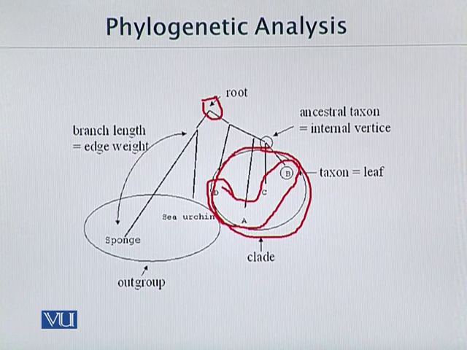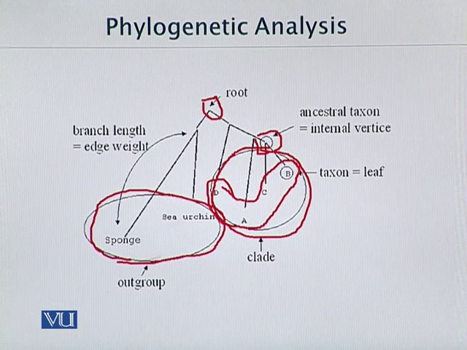And then we have internal vertices. Internal vertices are basically hypothetical parents of downward nodes. For example, here I have shown the ancestor taxon or internal vertex, which is the father or parent of the remaining nodes which are downstairs. These things are in the same group or same clade. Then there are other things such as the sponge and sea urchin, which are part of the outgroup, shown in this figure like this.